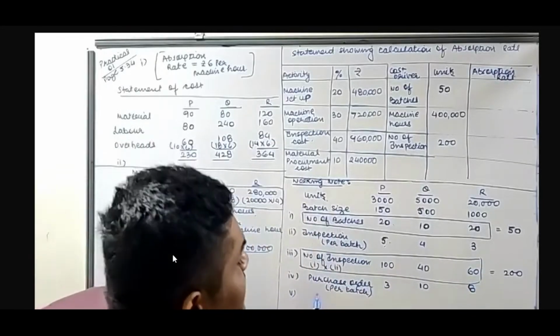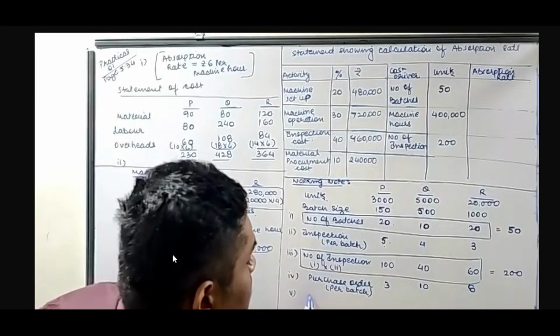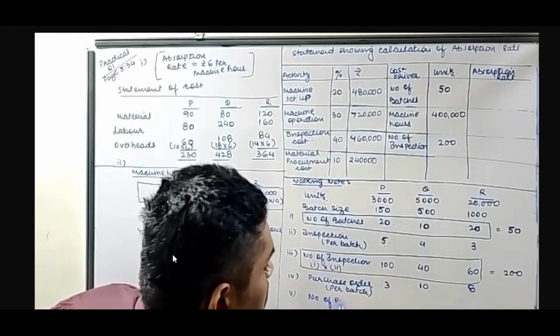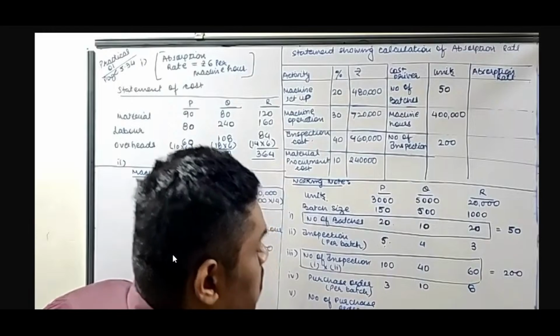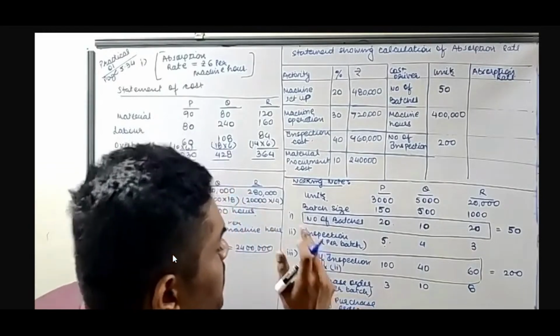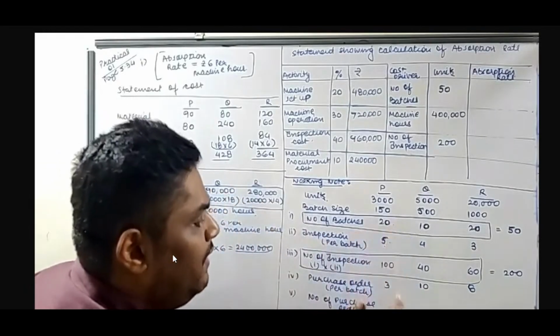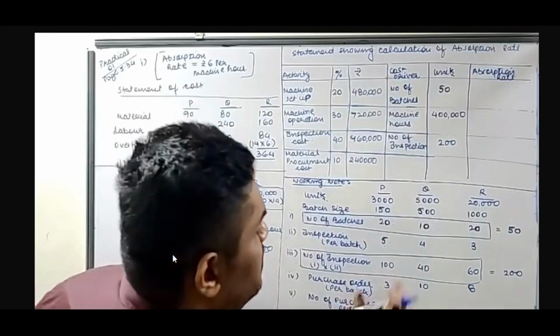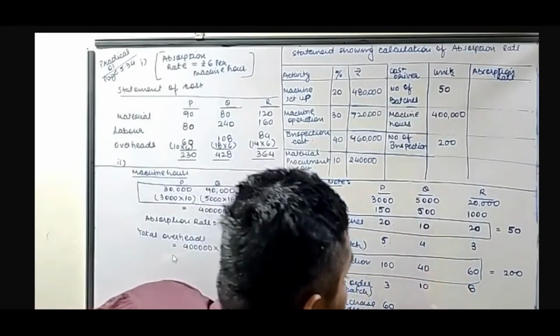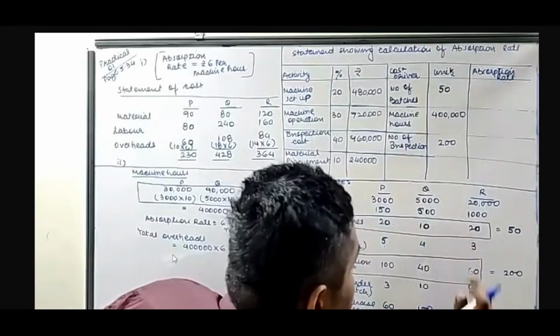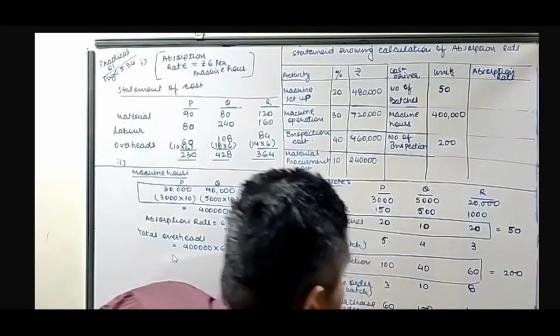So now we will get the total number of purchase orders. The number of batches is 20 and purchase orders per batch is 3. So 20 into 3, this will be 60. 10 into 10, this will be 100. And 20 into 8, this will be 160.